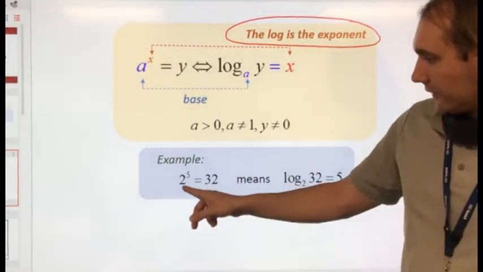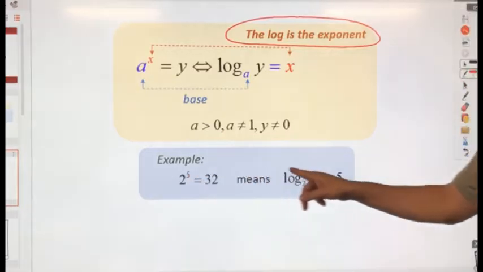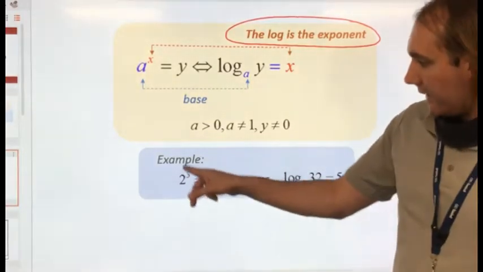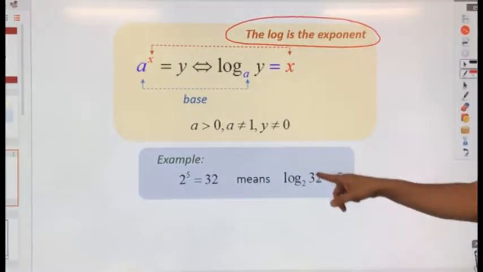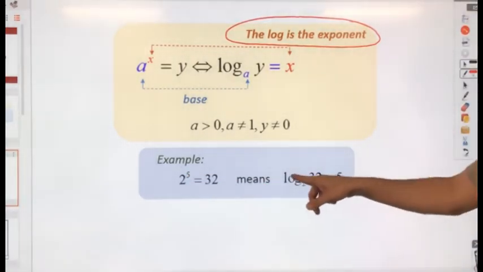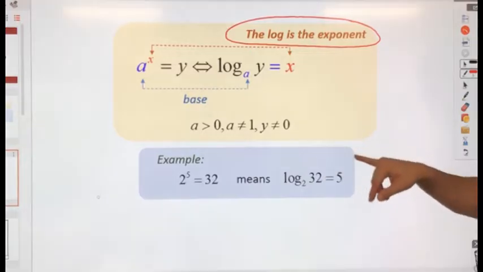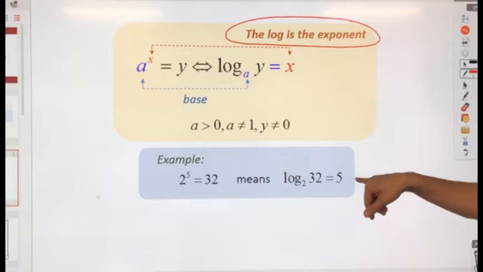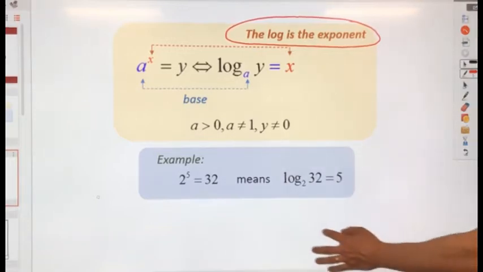It equals, my power is 5, so this log will equal 5, and then my exponent equals 32. Basically, the only other option left to put it in there is right here. Log base 2 of 32 equals 5. How many 2's do I multiply together to get 32? 5 2's multiplied 5 times will equal 32.